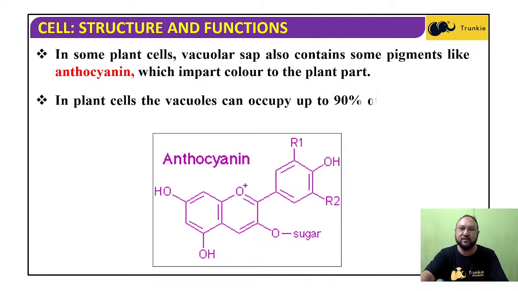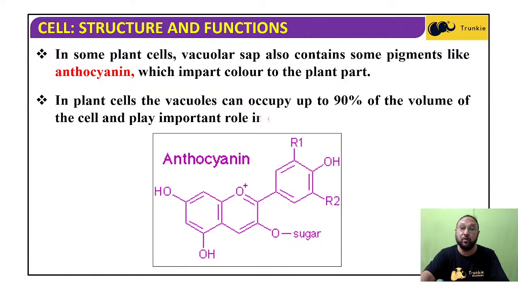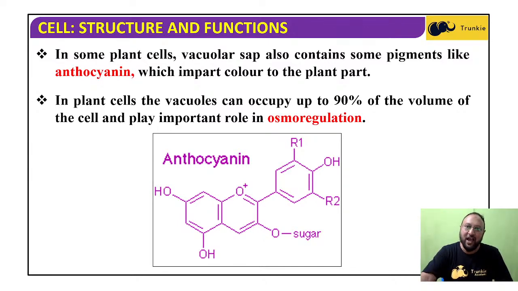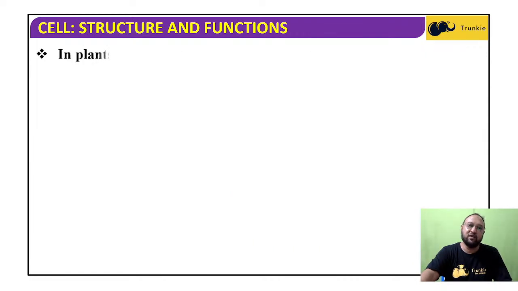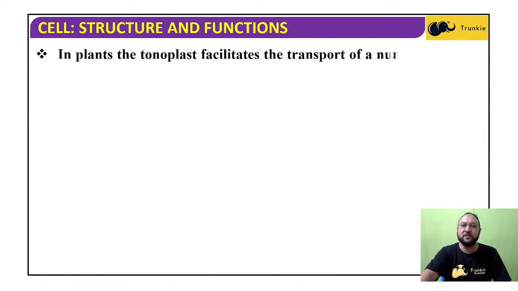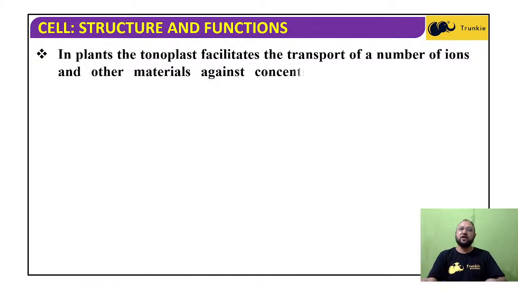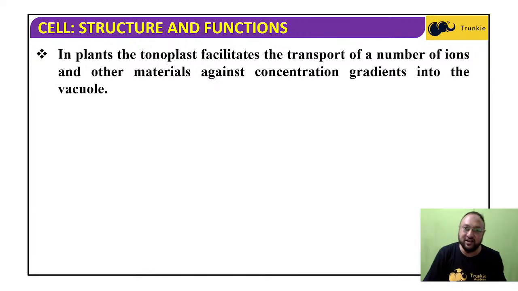In plant cells, vacuoles can occupy up to 90% of the volume of the cell and play an important role in osmoregulation, maintaining the ion concentration. In plants, the tonoplast facilitates the transport of a number of ions and other materials against the concentration gradient into the vacuole.